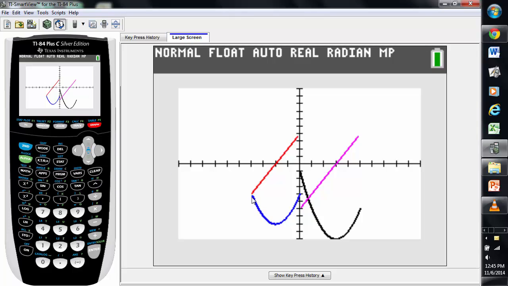So you should be able to tell that the function is slowing down until here. The reason is acceleration is positive because it's concave up, but velocity is negative because it's below the y-axis. They have opposite signs, therefore the particle is slowing down. From here, which is about x equals negative 2, to x equals 0, the particle is speeding up because acceleration is positive and velocity is positive, the same sign.